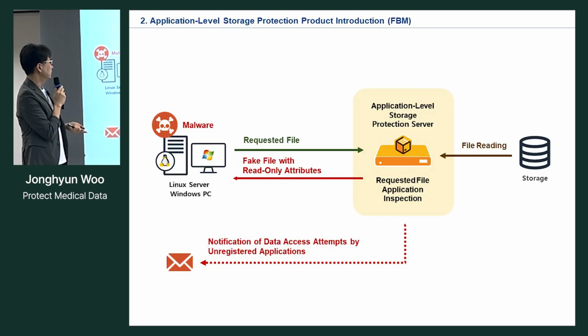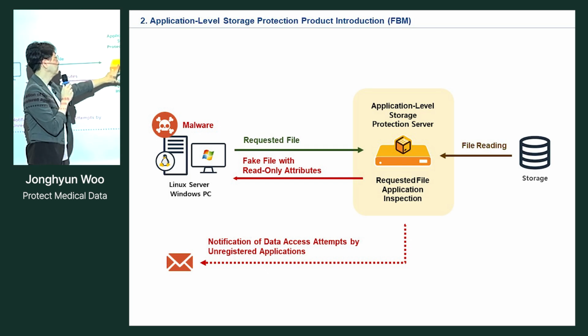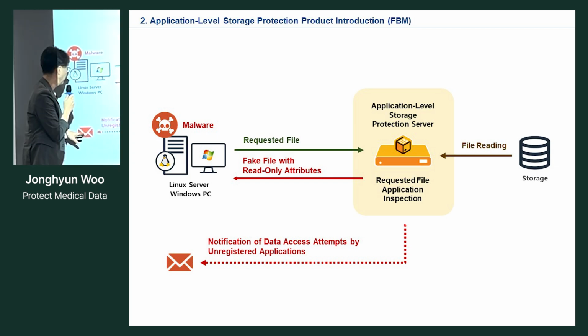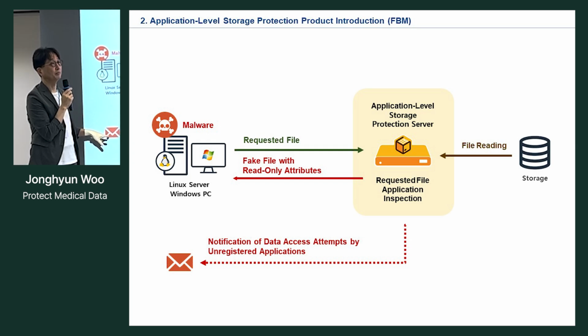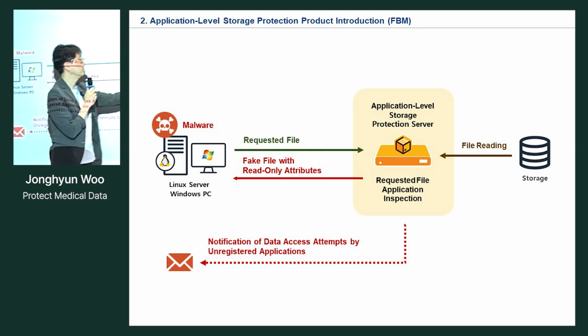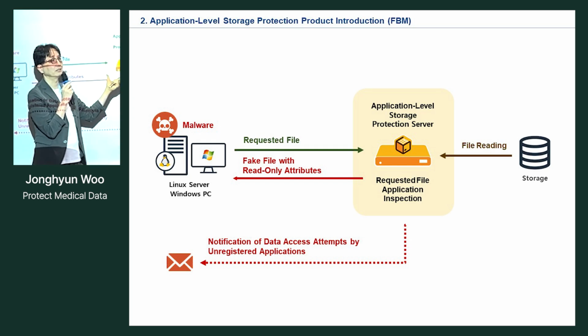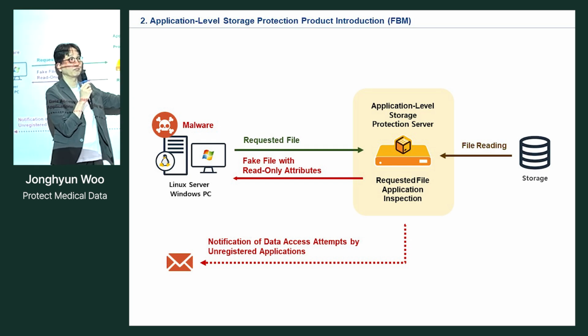One more thing is that in the application level storage protection, if a fake file tries to open that file, the middle guy examines it, and if an unregistered application tries to open that file, it sends the information to the admin through email. Let's suppose you are running a database file here, and an application other than the database tries to open the file.